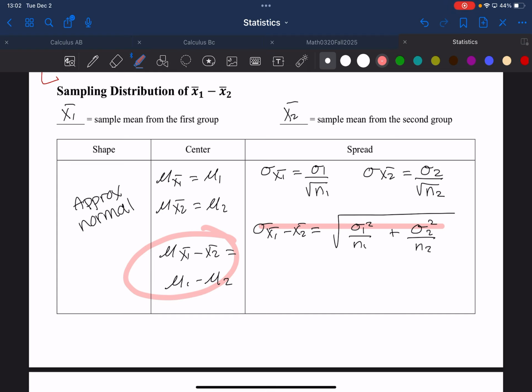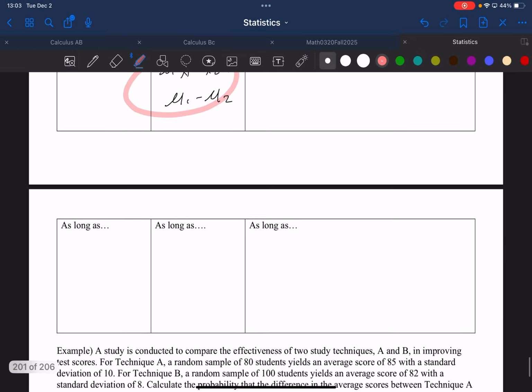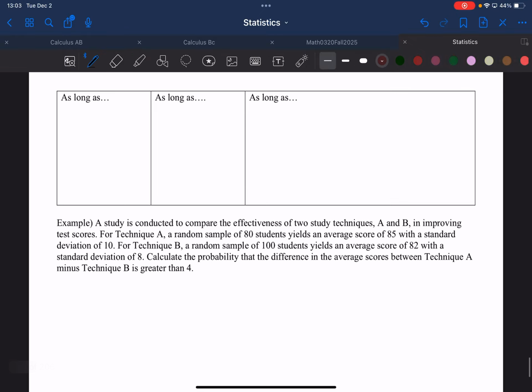So you don't need to memorize any of these formulas. The only ones that I would memorize are the conditions. So the 10% condition, large counts condition, and central limit theorem, because those are not on the formula chart. Okay. And of course, with each of these, we had to meet the individual conditions.